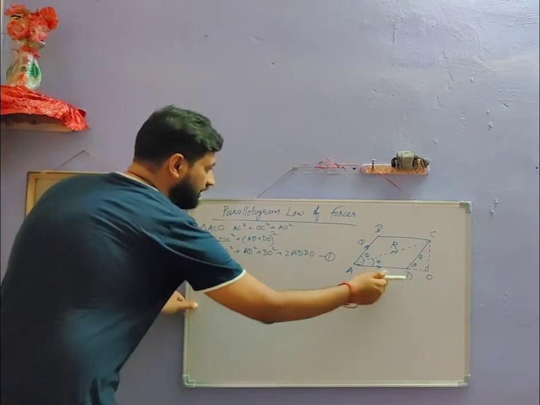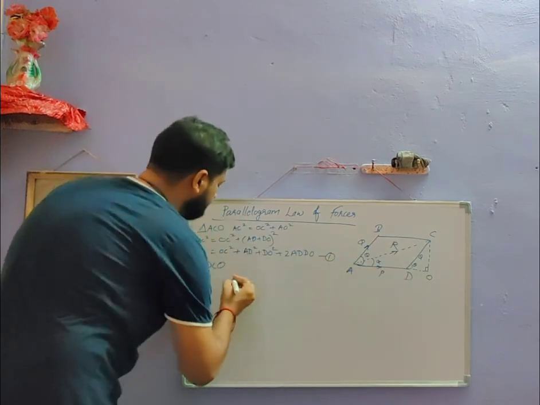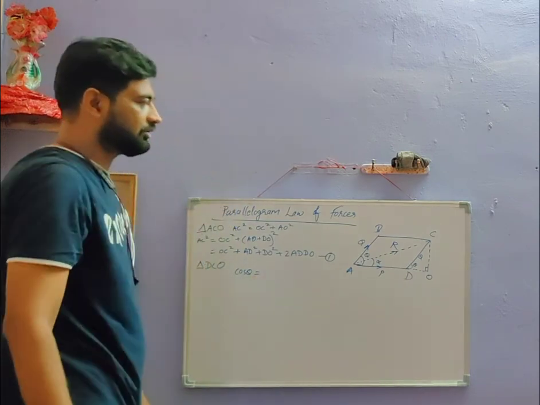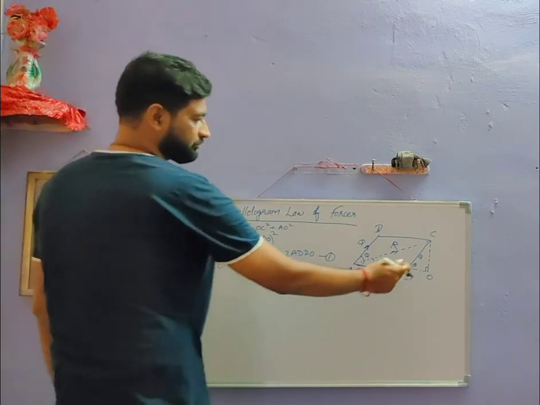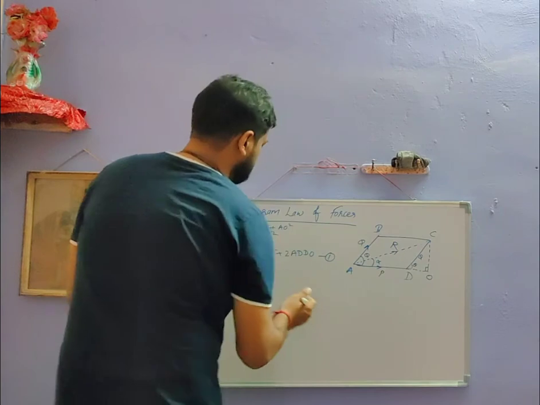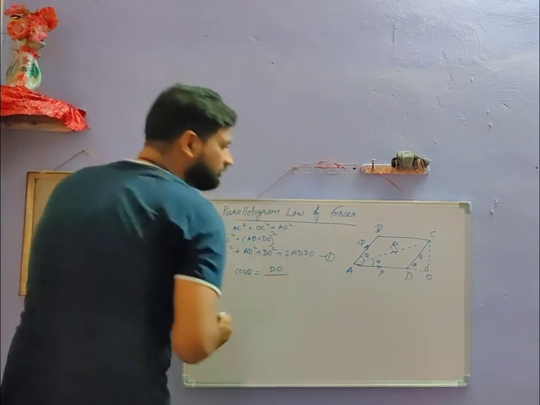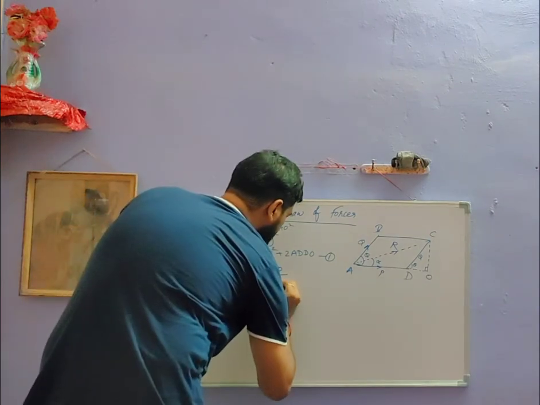So in DCO, cos theta is equal to DO upon CD.